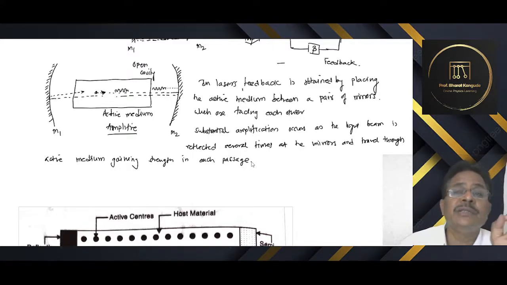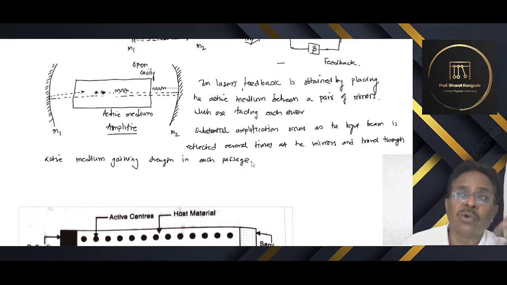The same thing happens in these laser oscillators or optical oscillators. Here, instead of a cavity or circuit, we can use a pair of mirrors facing each other, and in between, the optical or active medium is kept.